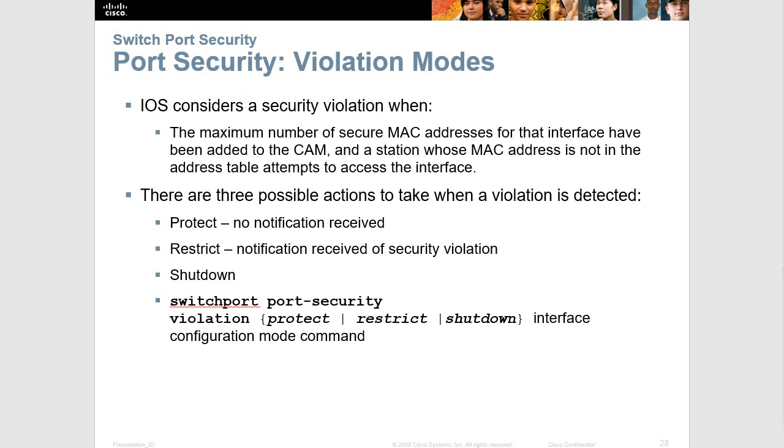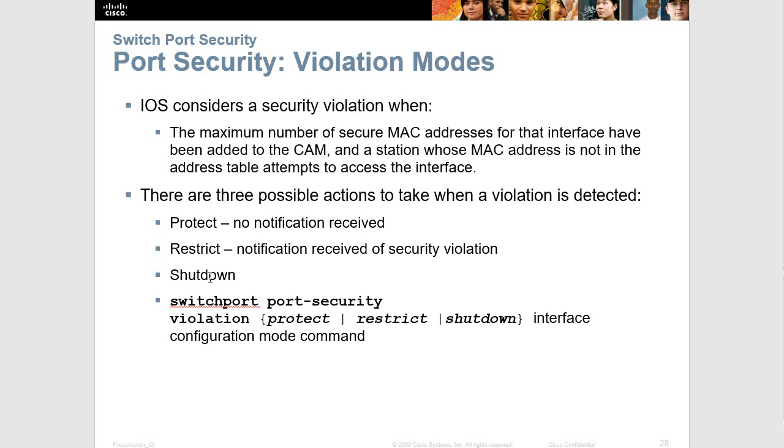When you enable port security, you have different violation modes that can be used. The default is shutdown, and that means if a MAC address tries to access the switch through that port that's above the allowed number, it's just going to go ahead and shut down that port.